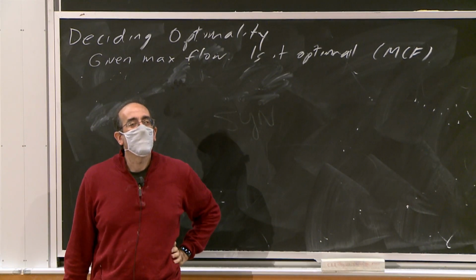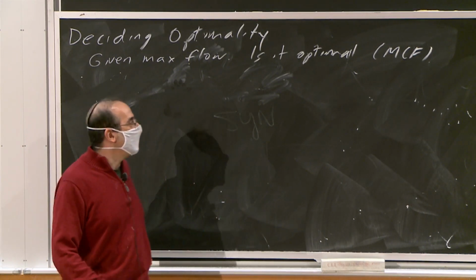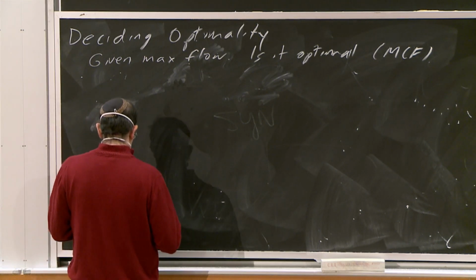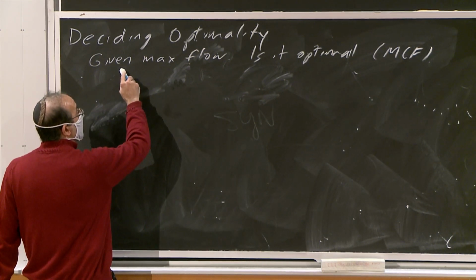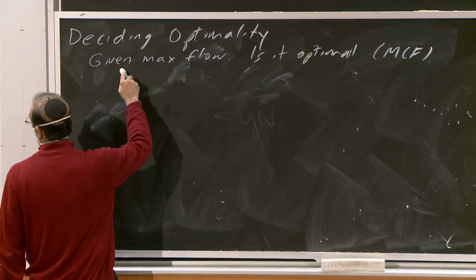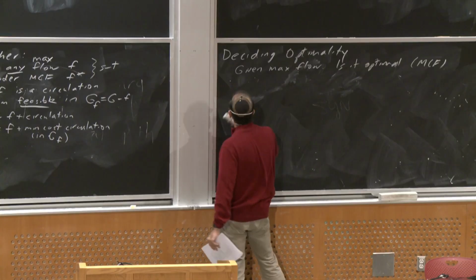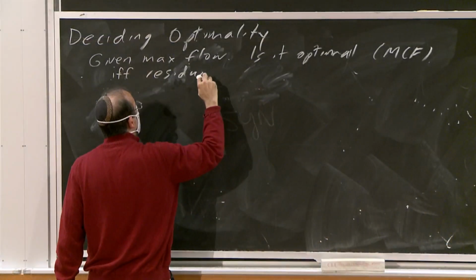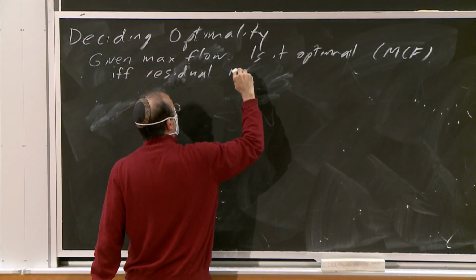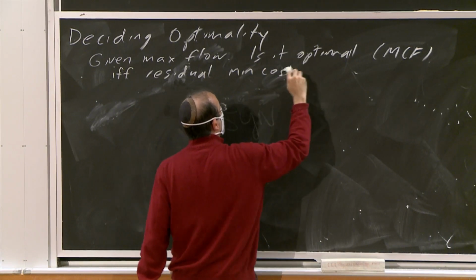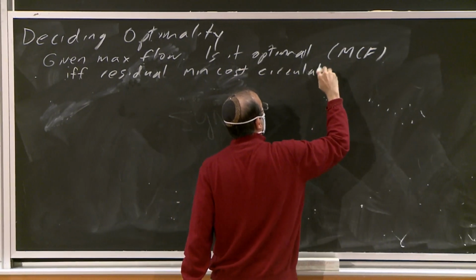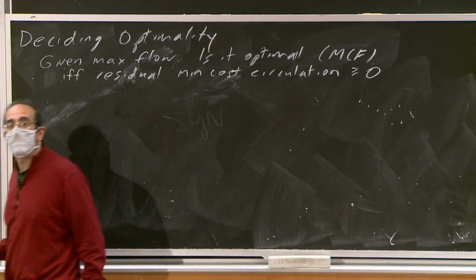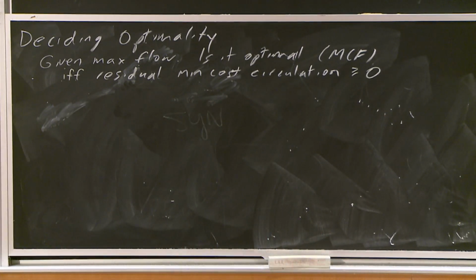Yes? Right. So the max flow is optimal if, according to this reduction here, the residual min cost circulation is at least 0 in cost.